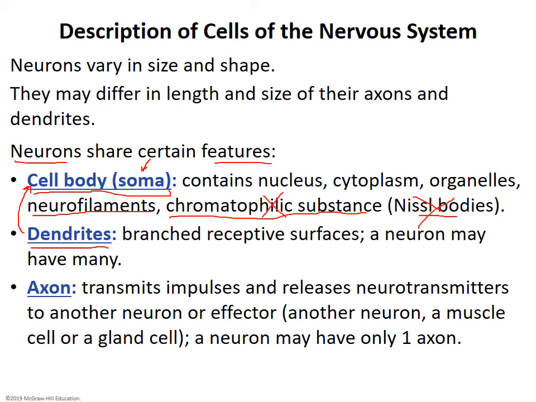And if all of the dendrites produce an impulse that is large enough, and we'll talk about how these signals are sent, if it is large enough, the cell body will send what we will learn is called an action impulse on the axon. Axons take impulses away from the cell body, and they are going to go to other cells and communicate. They're the ones that are going to say, hey, this is what's going on. And remember that a neuron is only going to have one axon. That axon might branch millions and millions of times, but there is only going to be one axon.